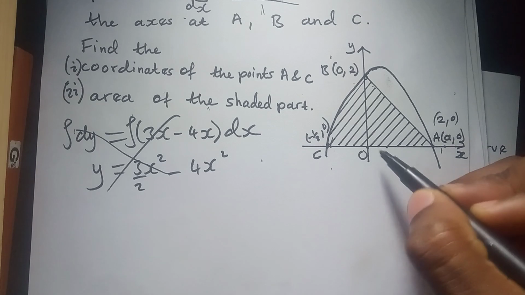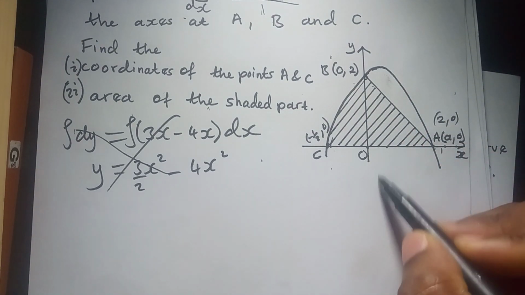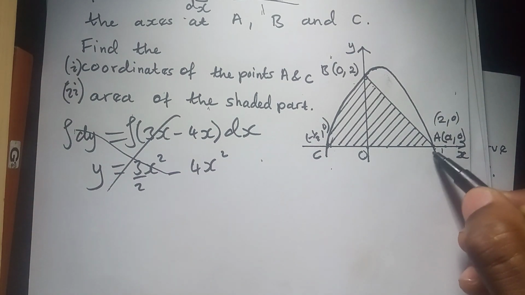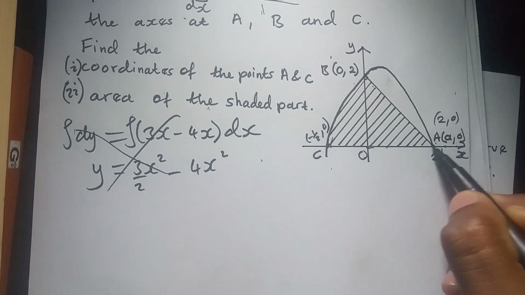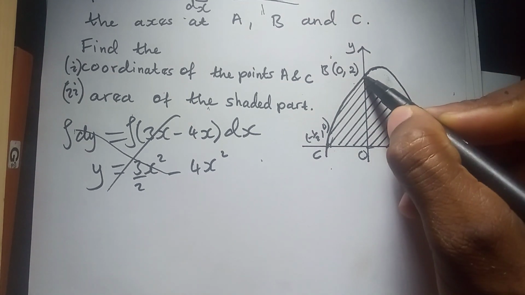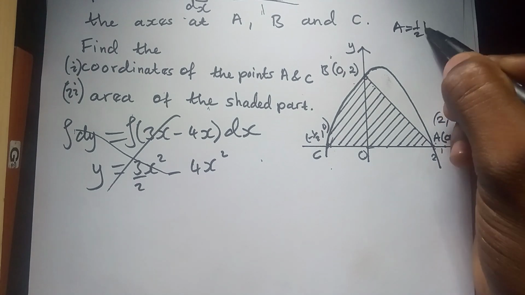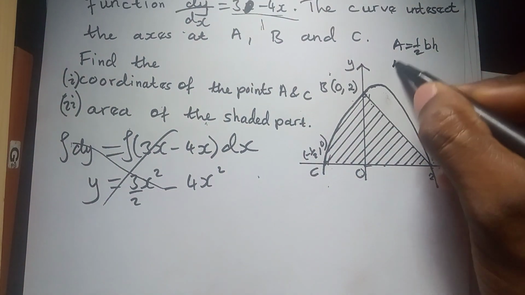This one will be from 0 to that. In this case, you can even say area is equal to half. In fact, we can even do that. So this is 2 and this one is also 2. So you can find the area of this by saying half BH since this is a straight line.